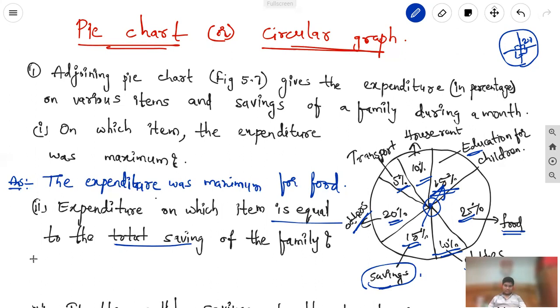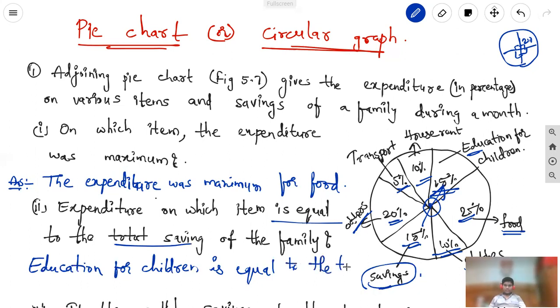So education for children is equal to the total saving of the family. Second answer is over.